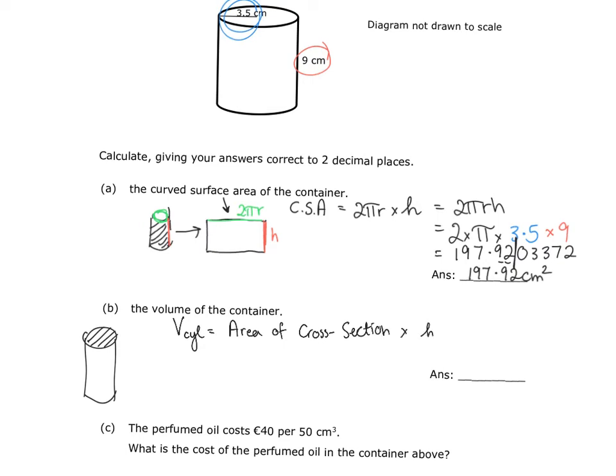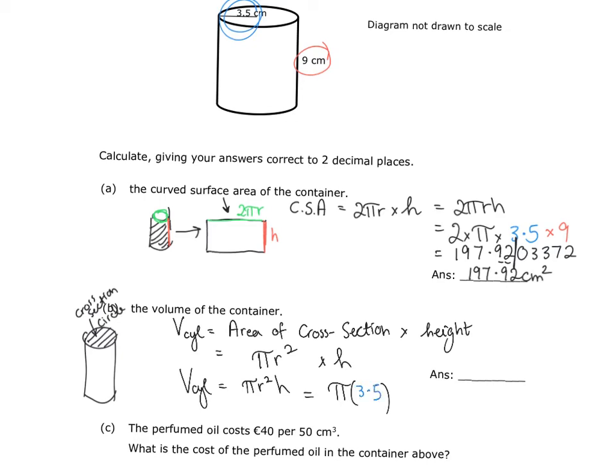The area of a circle is pi r squared, that you have to remember, times height. So basically the volume of a cylinder is pi r squared h. You can remember it by heart if you want. Pi, the radius we said it is 3.5, don't forget the squared, and times h, and h we said is 9. Use a calculator.